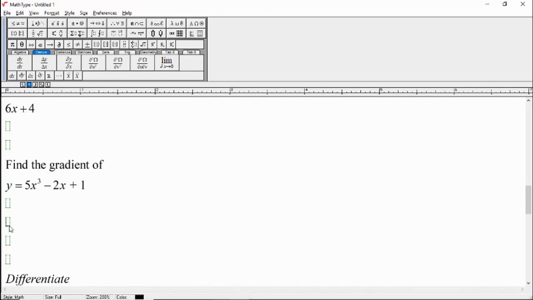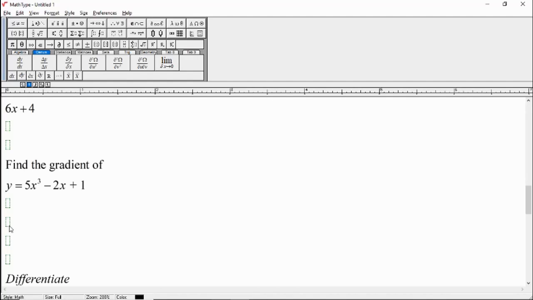That's why it's important to really understand and know differentiation, because it can be asked in different forms. Find a derivative, find the rate of change, find the gradient of. They all mean the same thing. Differentiate the given equation.